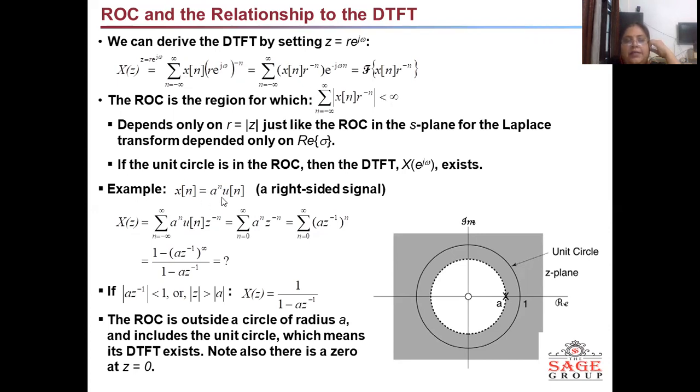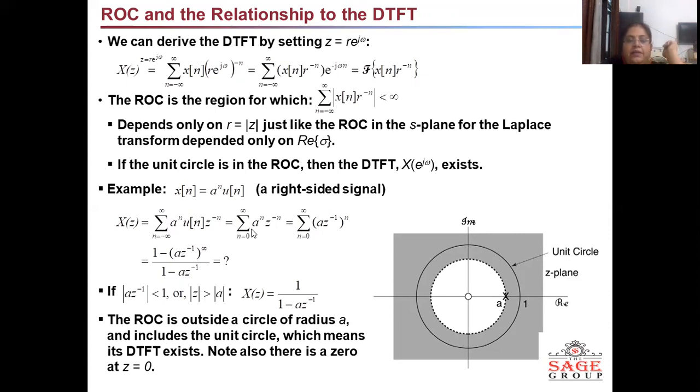Now, if we find the Z transform for the given signal, x[n] is replaced by X(z), which indicates that we are finding the Z transform. Now we put this signal in the definition of the Z transform, where the summation goes from minus infinity to plus infinity, of the signal times z to the power of minus n.